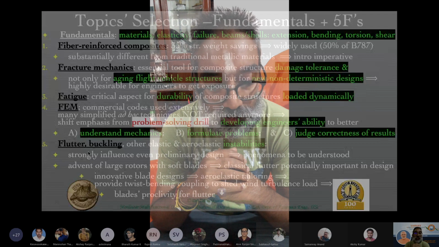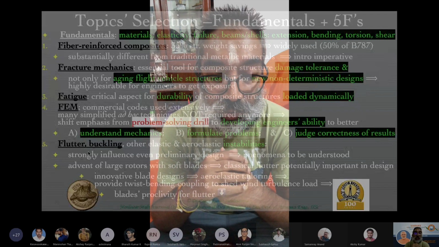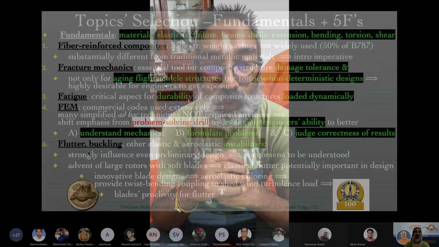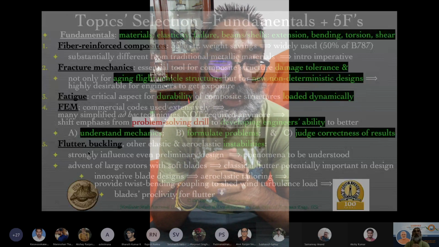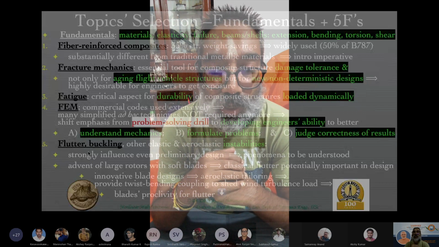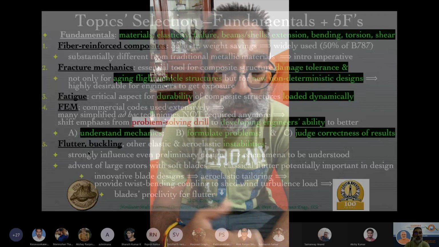This kind of aeroelastic tailoring can lead to twist-bending coupling to shed wind turbulence loads, which means that we are reducing the possibility of flutter, or delaying it, or even completely avoiding it in the flight regimes that we are designing this vehicle for.